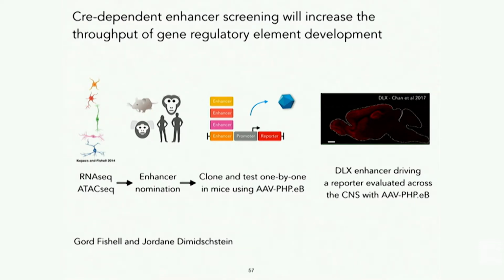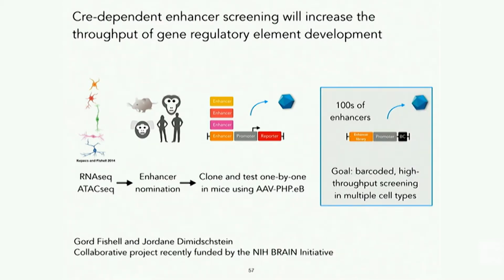And this is working, and they've found some really interesting candidates. They've also used this to find DLX, but it's slow, it's resource intensive, and it takes a long time. And so we are now collaborating on this to try to speed up this process.